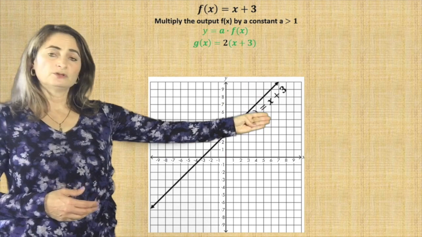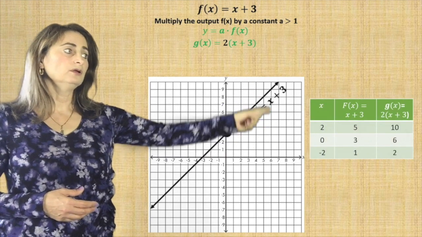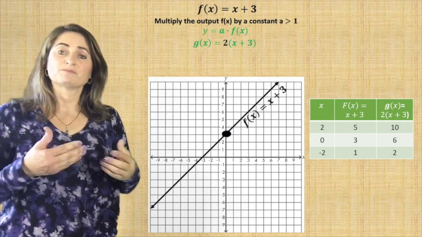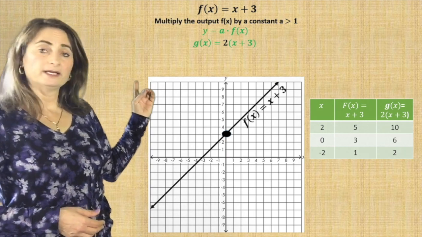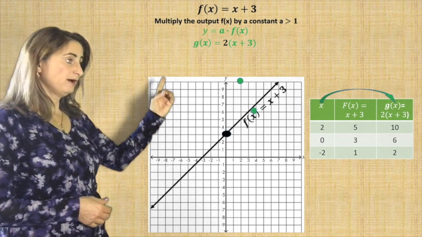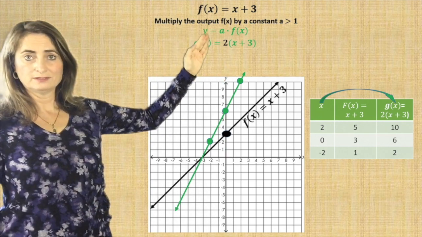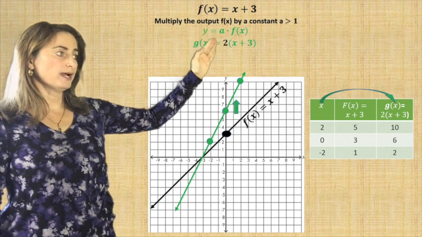Make a table so you know how the graph would work. X is 2, 0, and negative 2. Find f of x, then find the g of x, which is multiplying the f of x by 2. Plot the x and y on the same graph. Watch how the line this time is away from the axis. So that is called a vertical stretch.